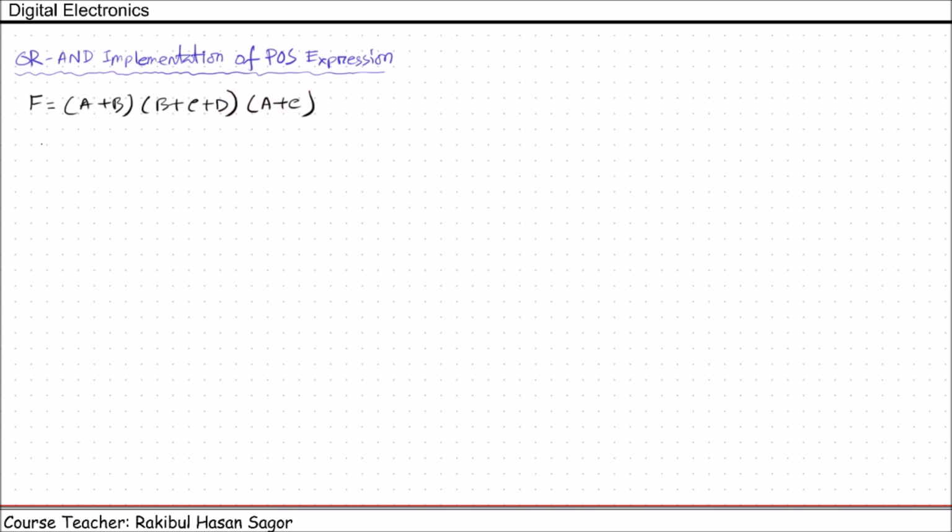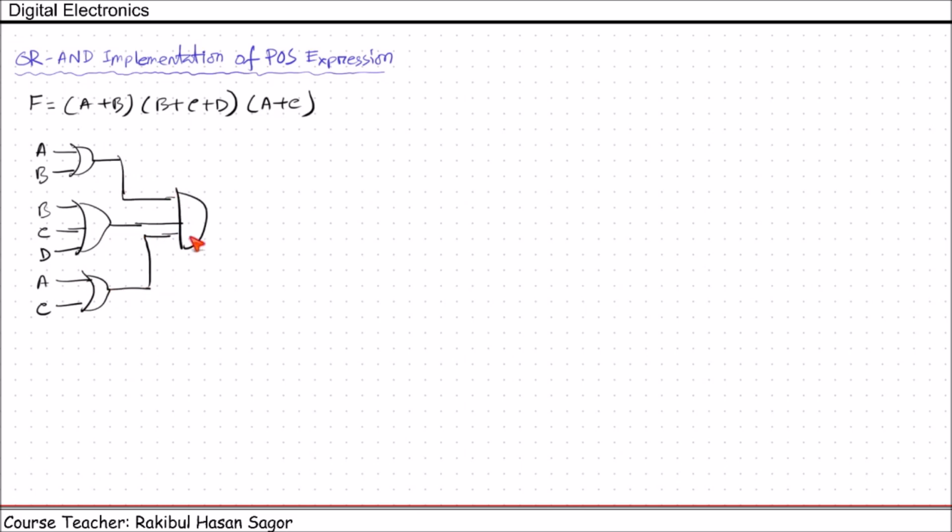Now let's implement this: A, B, then the second part is B, C, D, and the third part is A, C. So A or B, B or C or D, A or C. All the outputs will be ANDed and we'll get the function output. This is also a two-level implementation. This is level 1 and this is level 2.